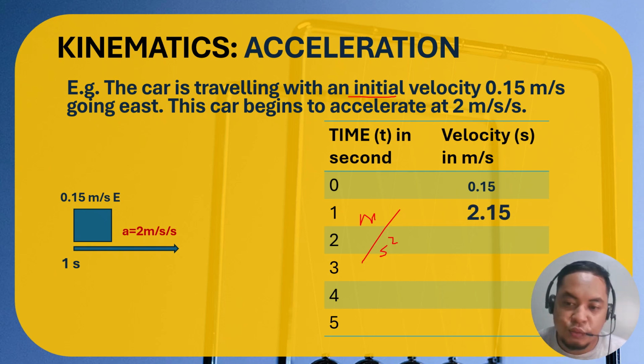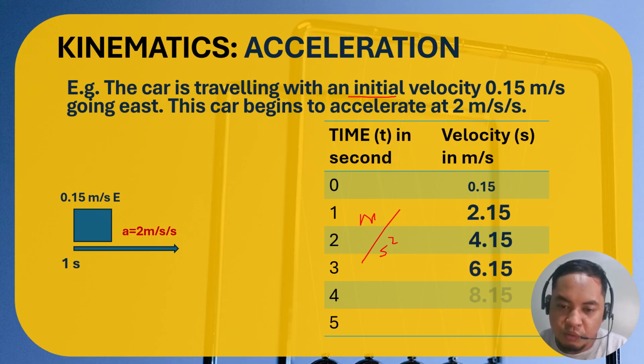Again, acceleration will be added to our velocity. So it's a uniform acceleration, so we will be adding 2 to every recorded velocity. It's changing because there is an acceleration in there. So from 0.15 plus 2, and then 2.15 plus 2, that will become 4.15, 6.15, 8.15, and then 10.15.